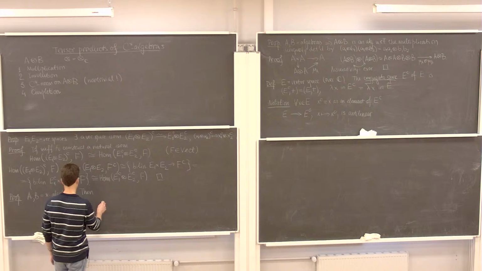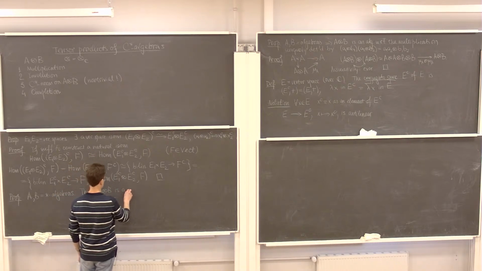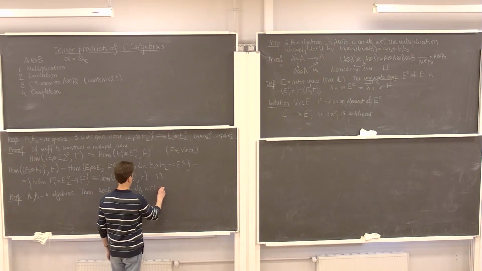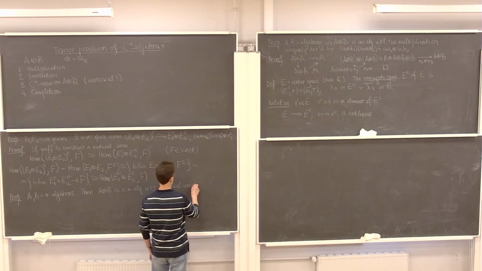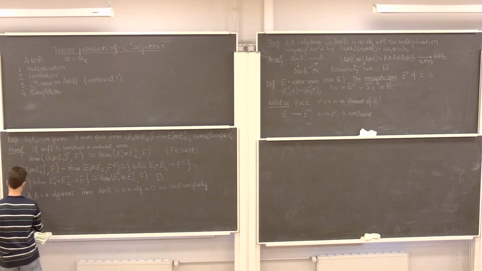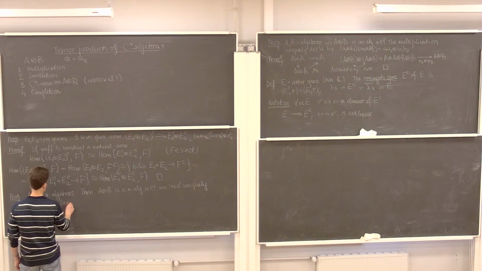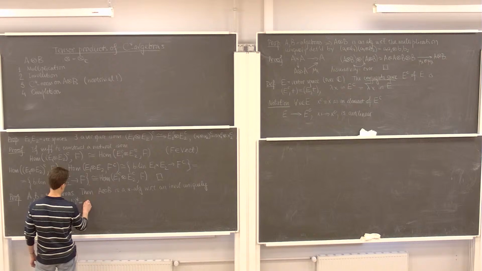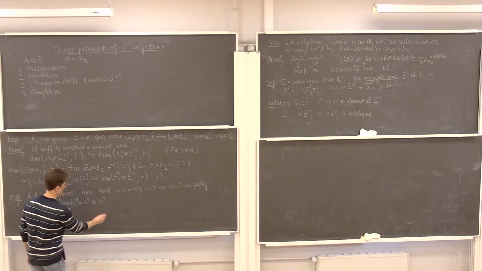Then A tensor B is also a star algebra with respect to an involution uniquely determined by the following formula. Again, we define the involution on elementary tensors, and there is only one obvious way of doing this.